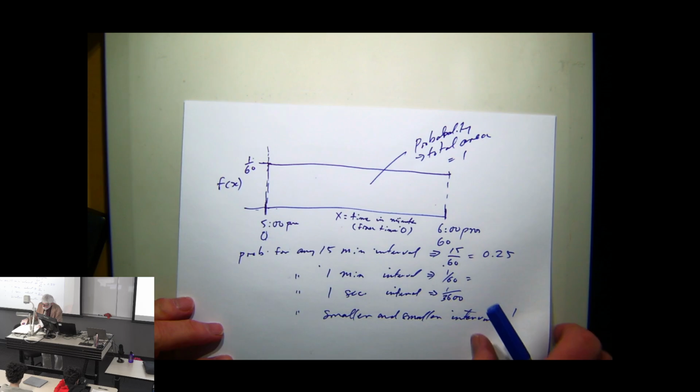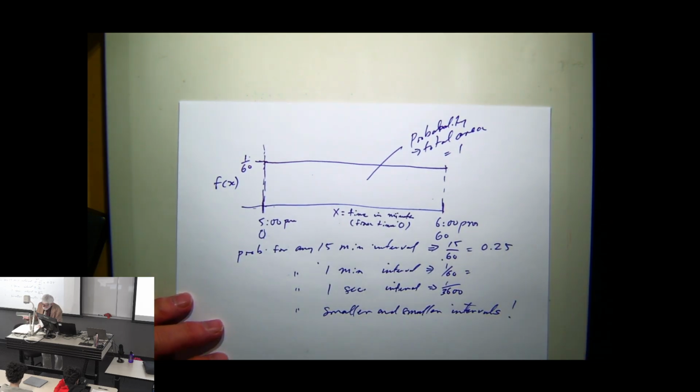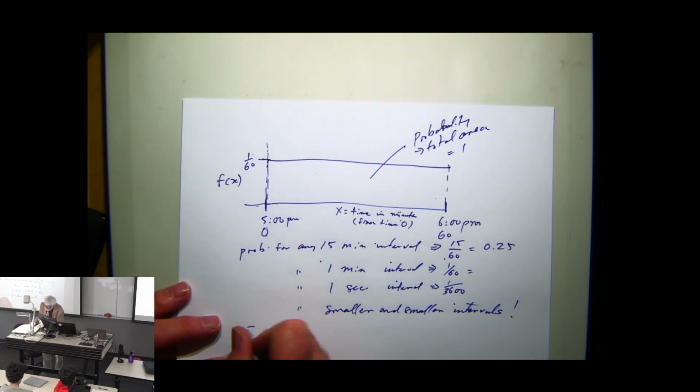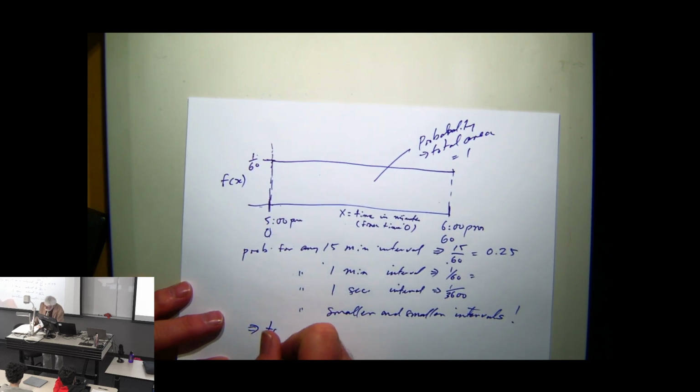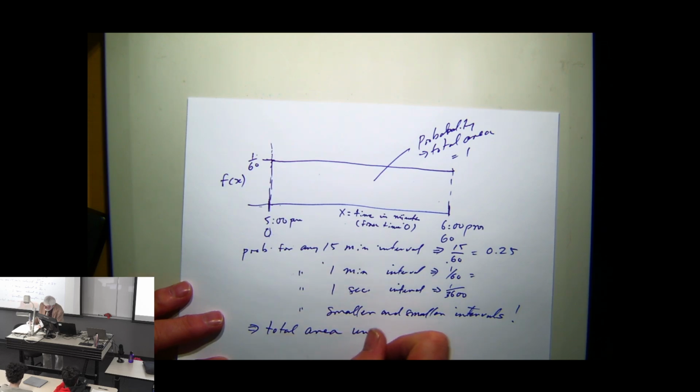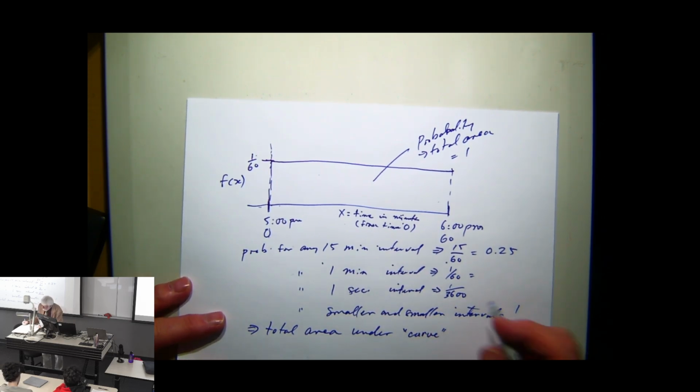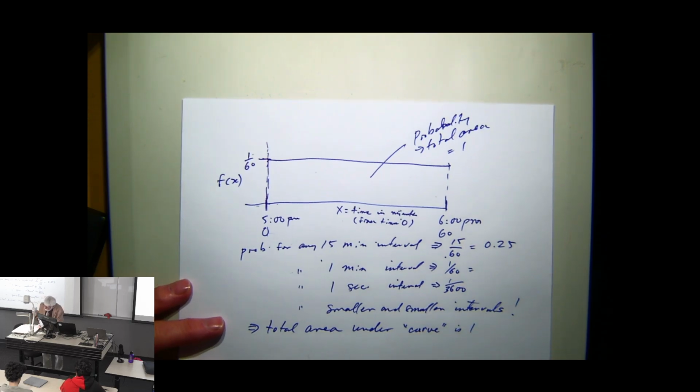And the idea is the total area under the curve, which is in this case a rectangle, a straight line technically, is 1.